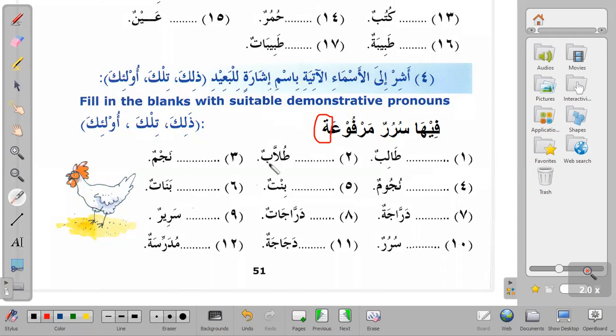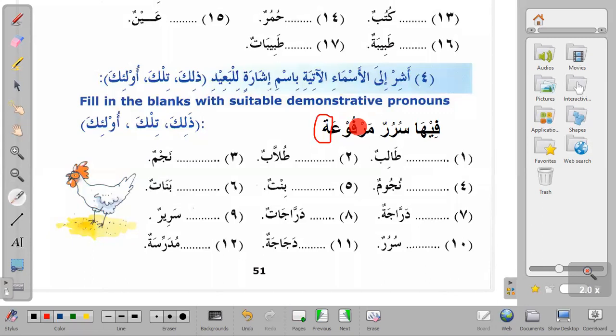But here you can see that there is ta marbuta being added to the sururun. Why? Because this sururun is plural, and not just any plural. It is jam'u legairi akil, the plural of non-intellectual things. It is not a living thing. So instead of being marfu'un, it will be marfu'atun, as if it is a singular feminine thing.